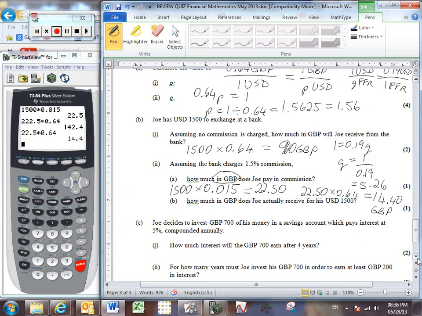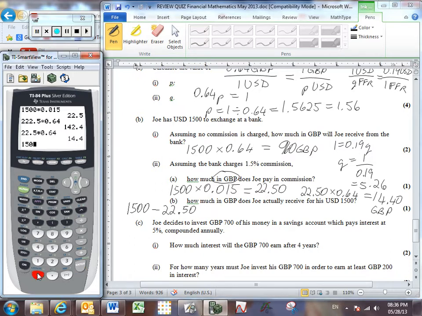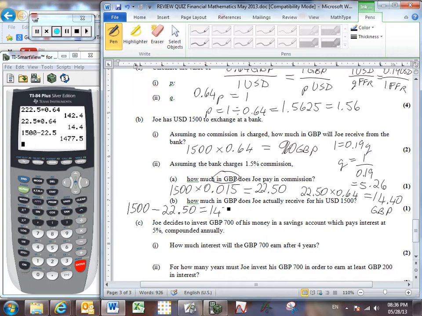How much in British pounds does Joe actually receive for his US dollars, 1,500? So his $1,500, we had to subtract the amount in commission in US dollars that he was charged, and that gives us a total of 1,500 minus $22.50 in commission, and we're left with only $1,477.50 that we need to now convert into British pounds.